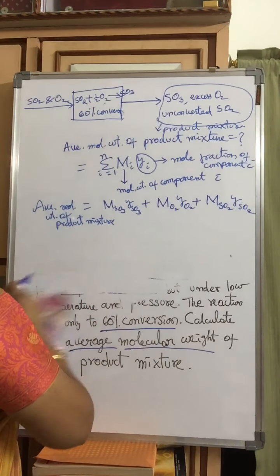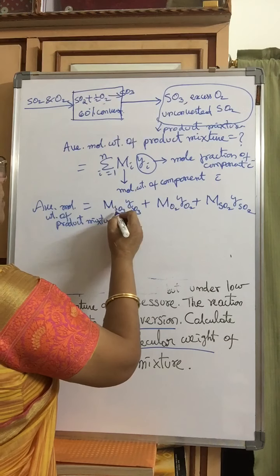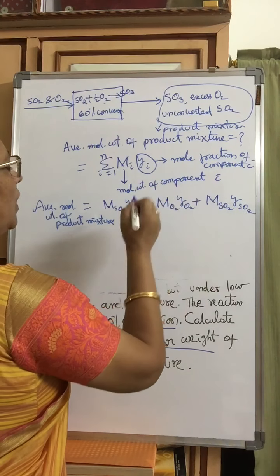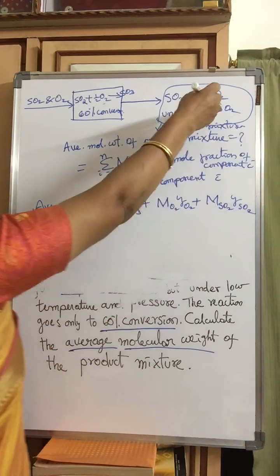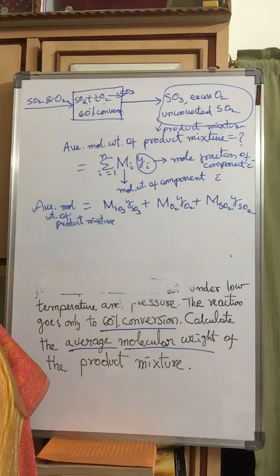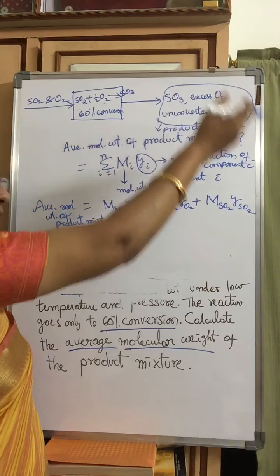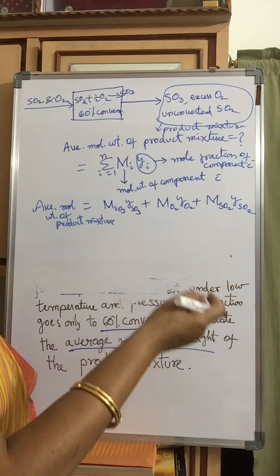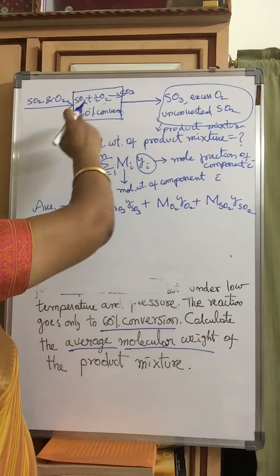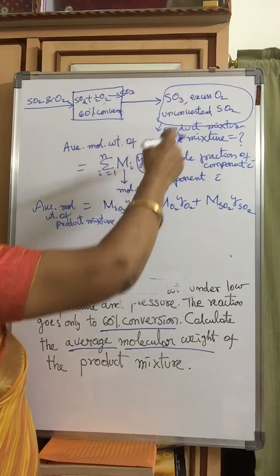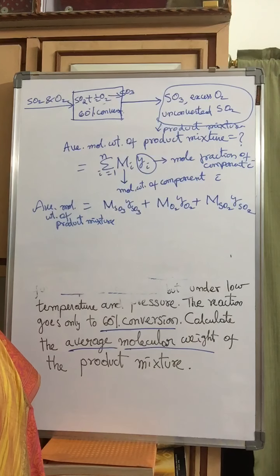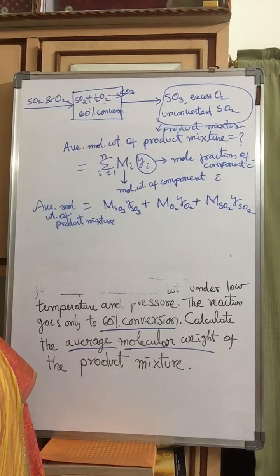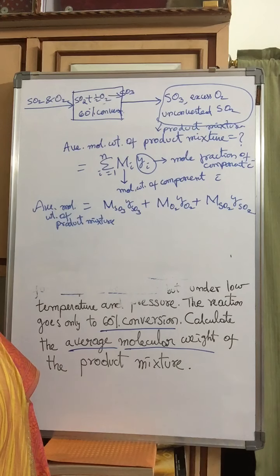You know the molecular weights. Then we need to calculate the mole fractions. In the last class also we calculated mole percent. In the same way, we write the material balance for each component and calculate how many moles of each component are leaving. Then divide by the total and you will get the mole fraction.